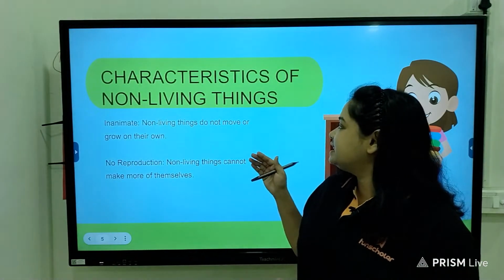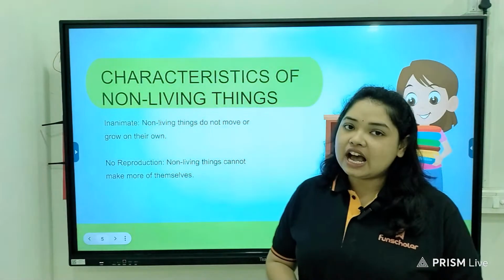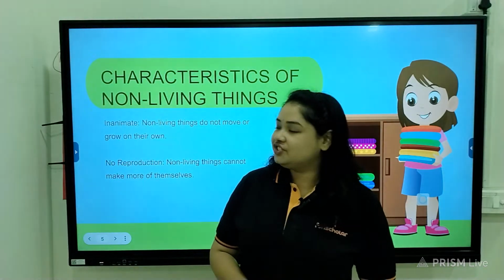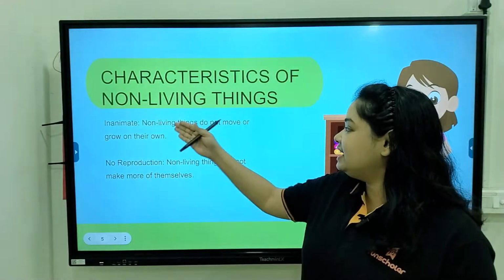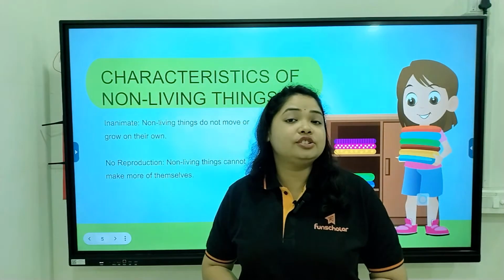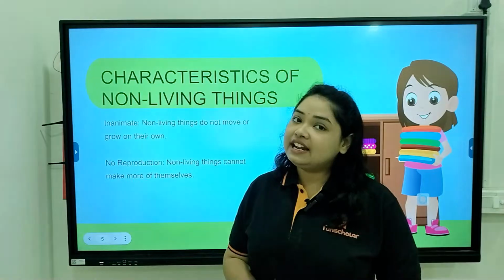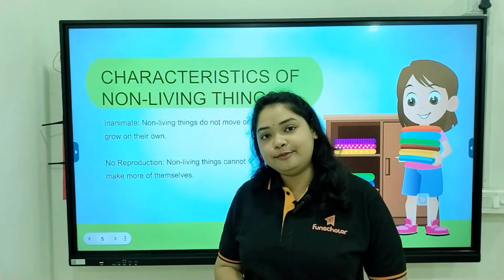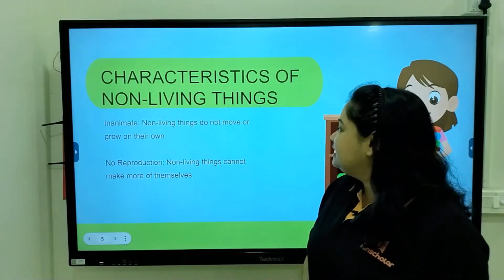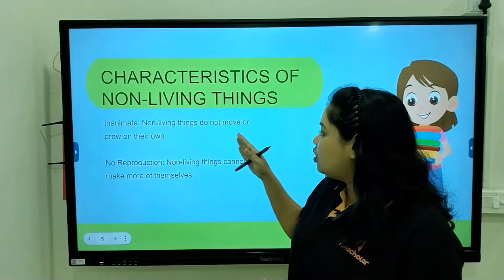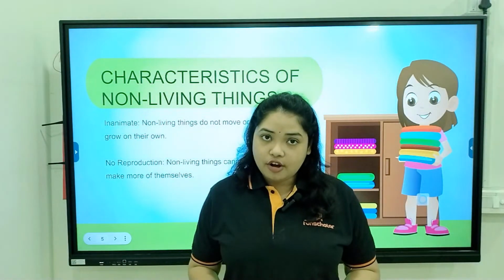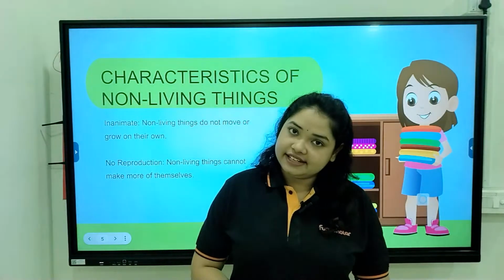Now, the characteristics of non-living things are in stark contrast with those of living creatures. They are called inanimate objects because they do not have life, whereas living creatures are animate objects who have life and can move, and they grow on their own. For example, say a table of a certain length is there.